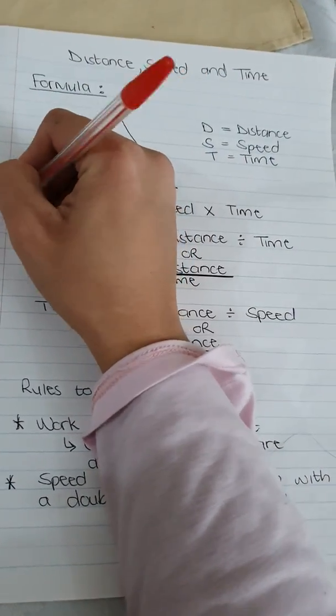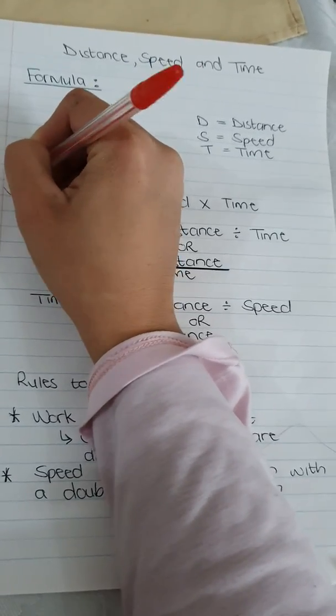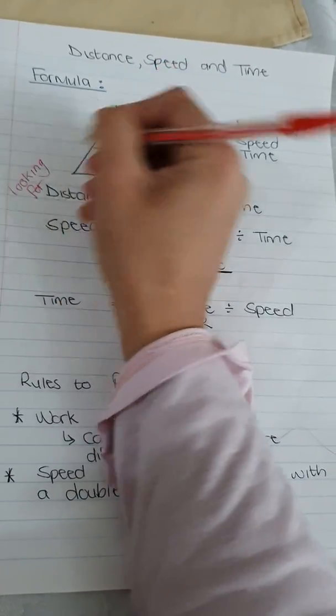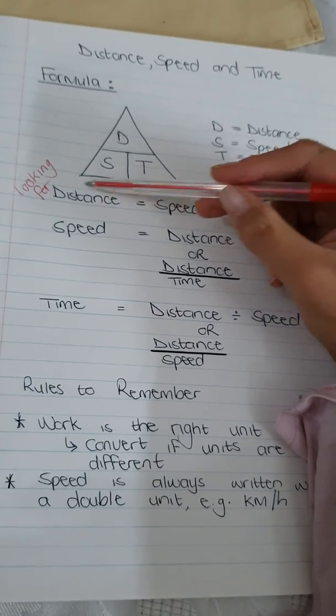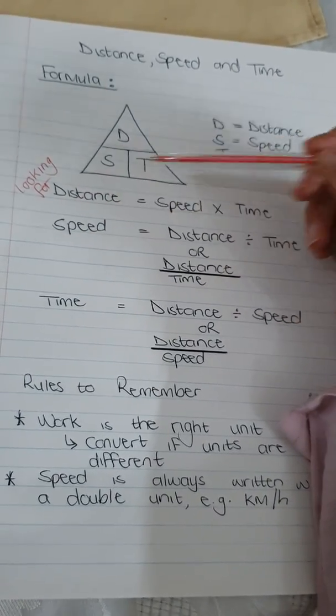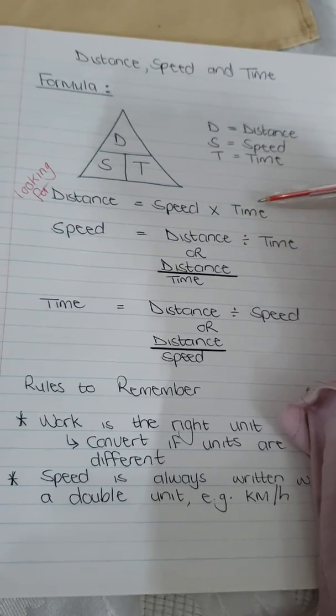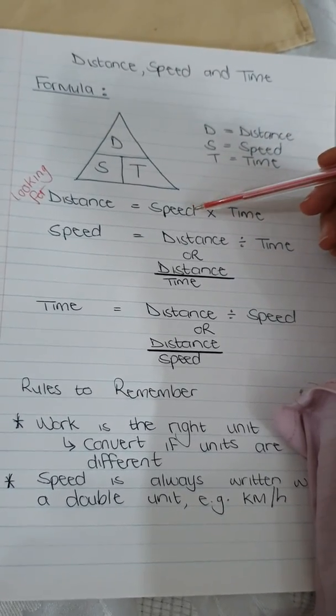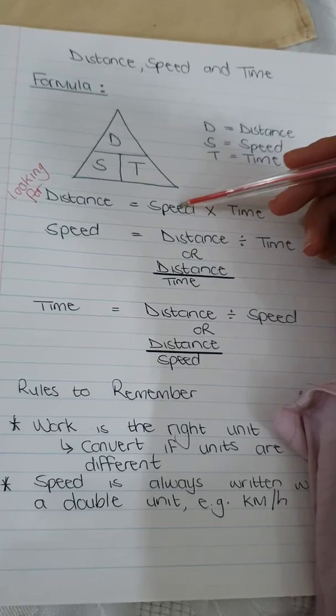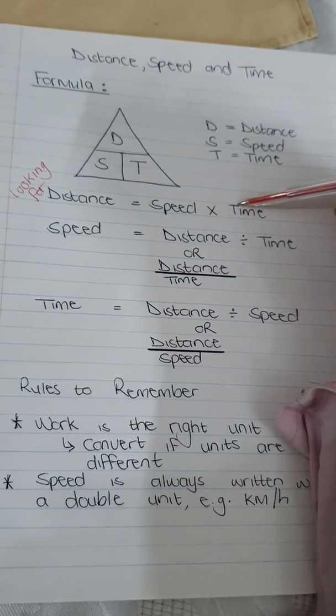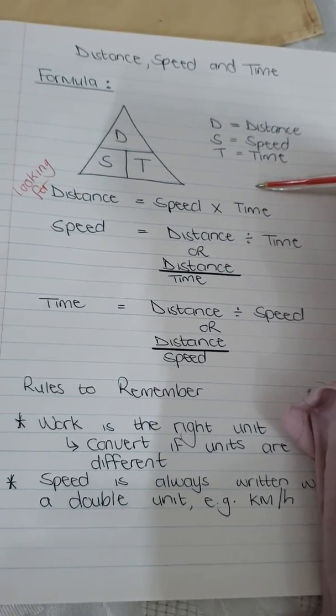So I'll put a note here and say looking for. So when I'm looking for distance, the formula that I need to be using is speed times time. For me to use speed times time means that I must have a value for speed and I must have a value for time as well.